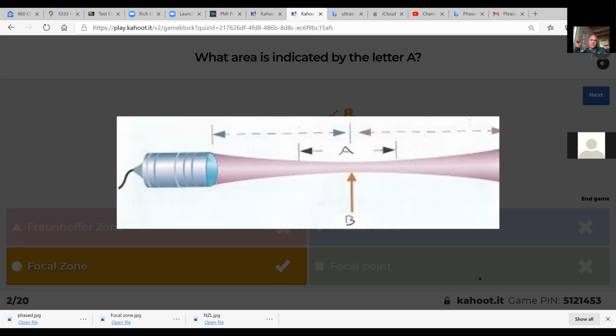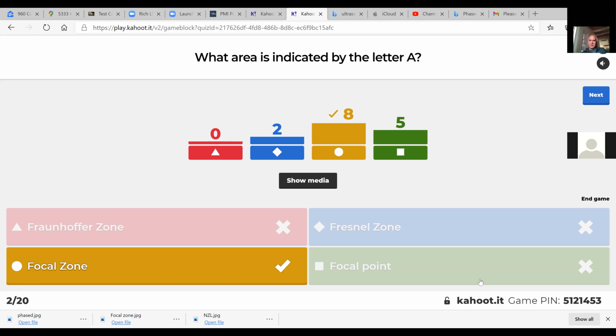Focal point is a bit of a trick. You might have misread that, but as you can see, focal point would be indicated by letter B, right at that point, whereas the zone is just an area of higher resolution. Lateral resolution, by the way, right? Okay, focal zone it is.